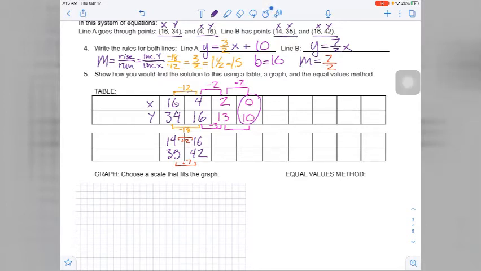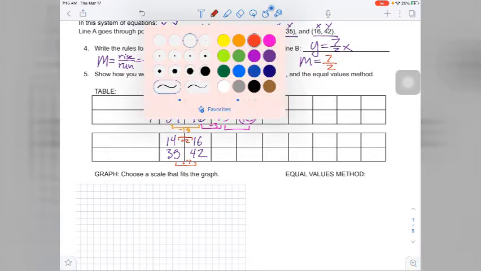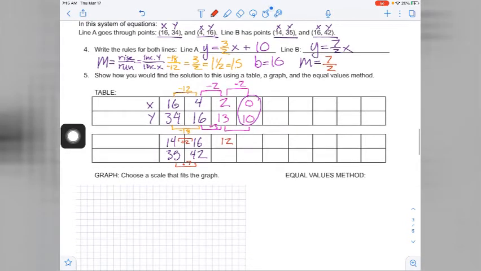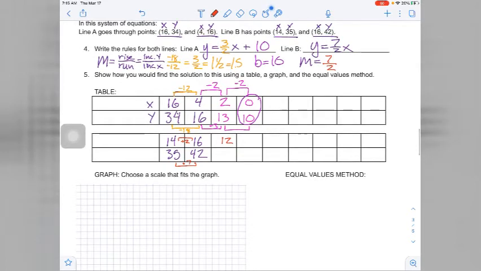And then for b, I'm just going to use this and do my count. I know that if x goes up 2, y will go up 7. So if x goes down from 14 to 12, 35 is going to go down 7, which is 28. If we go down 2 more, x goes to 10, and 28 will go to 21.